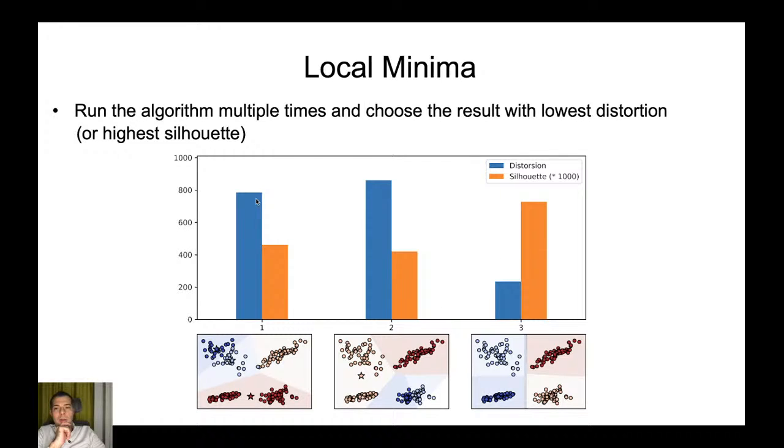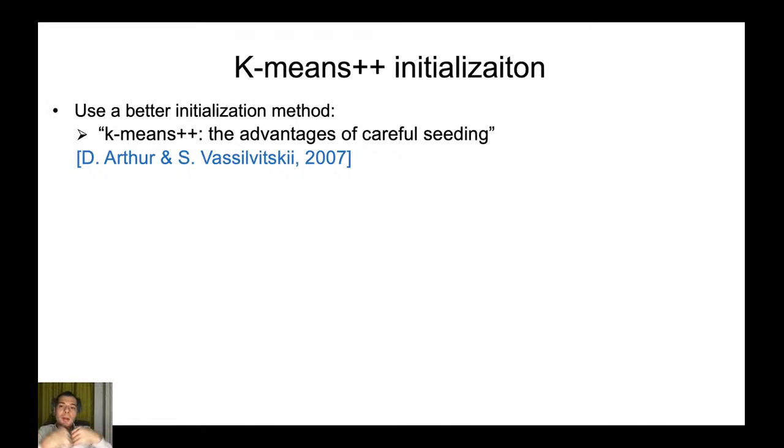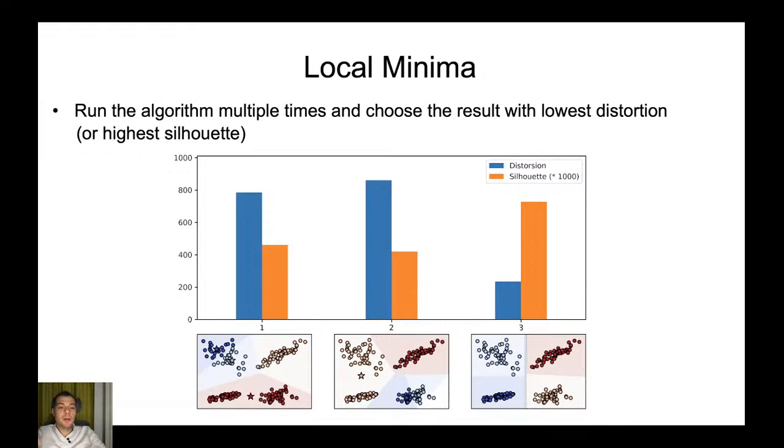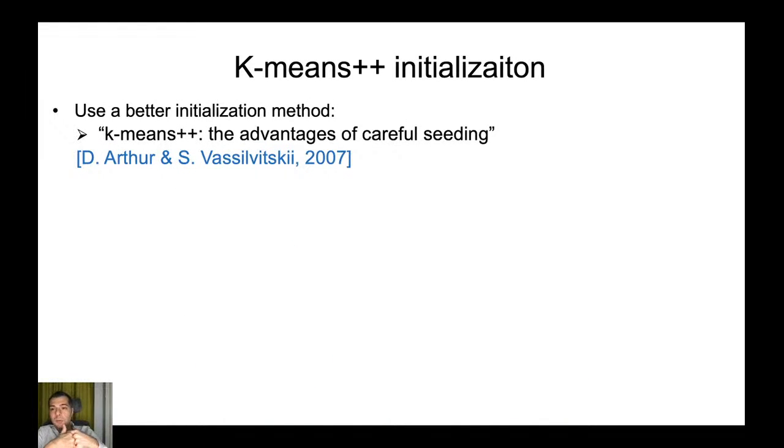So you can do multiple runs with the same k and choose the clustering that has the smallest distortion and the highest silhouette score. It will be closer to the global optimum, but we are not sure that it is the global optimum, right?